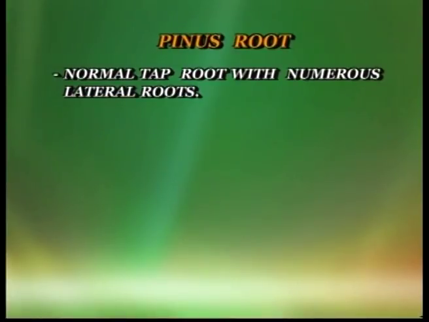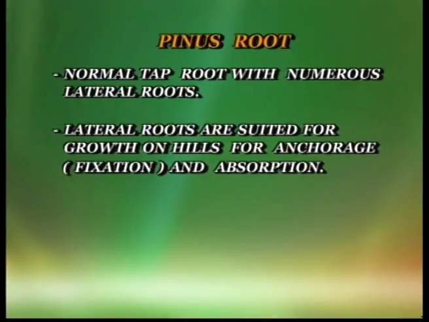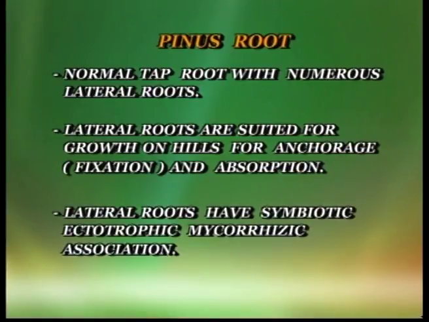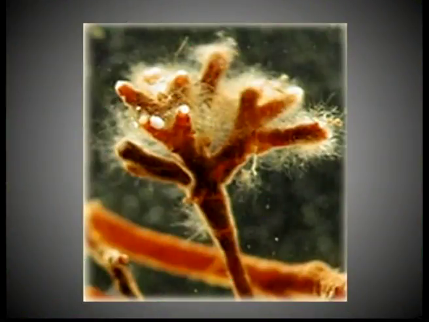Taproot. The taproot of Pinus is the main root system. It has lateral roots which are well developed and help in anchorage and absorption of water. You know, because Pinus are found on hill slopes, it requires good anchorage and a good water absorption system. On the lateral roots is found an ectotrophic mycorrhizal fungal association, which acts as a symbiont.